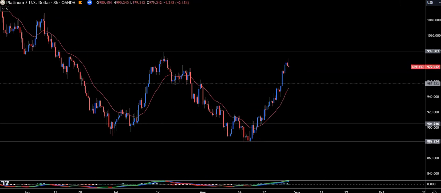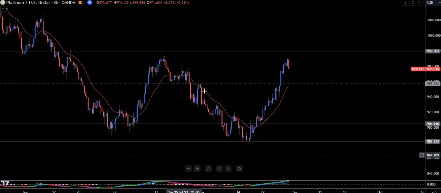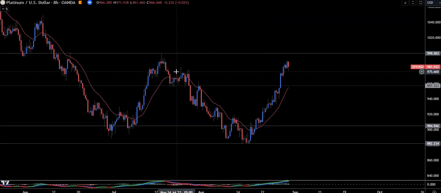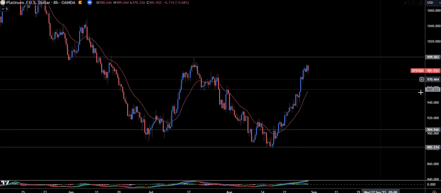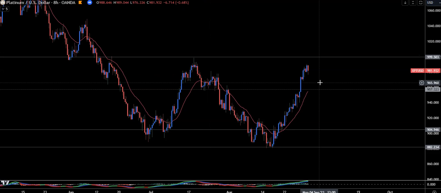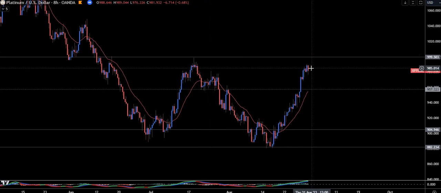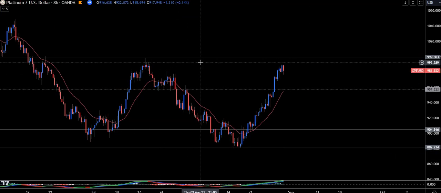So I'm starting to see some tell signs here, and what I can tell by going actually on the daily, well, I don't really need to go to the daily, is that here this price, I'm not sure if it's a retrace, but it's not really doing these candles on the way up. Possibly would it go back to the neckline?